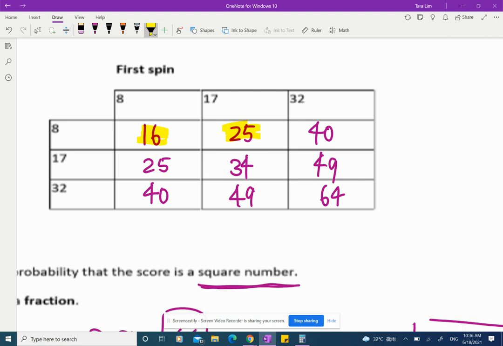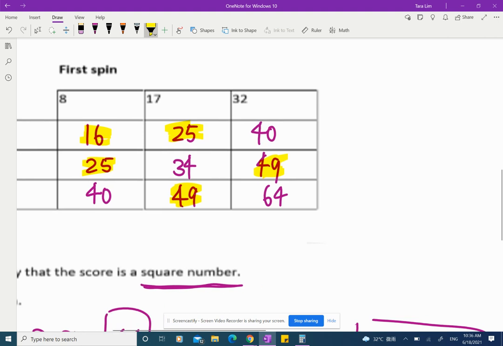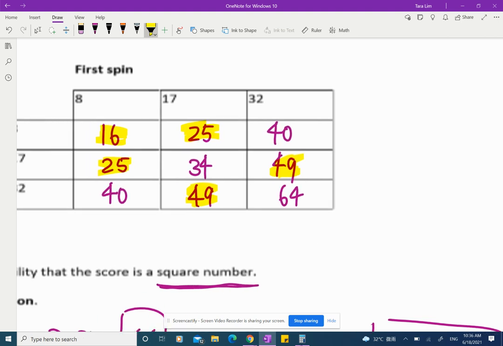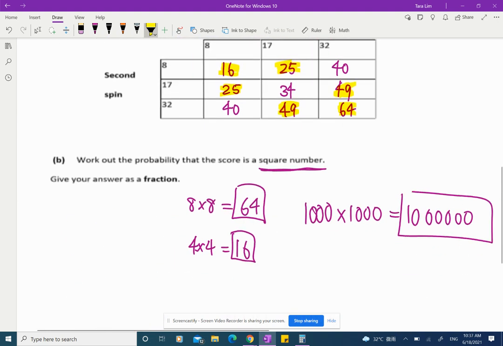No. 25 here, we've got the same again. 34, nope, it's not a square number. 49 is a square number because 7 times 7 is 49. 40 again, so nope. 49, yes. And 64, is 64 a square number? Correct, it is a square number because 8 times 8 is 64.